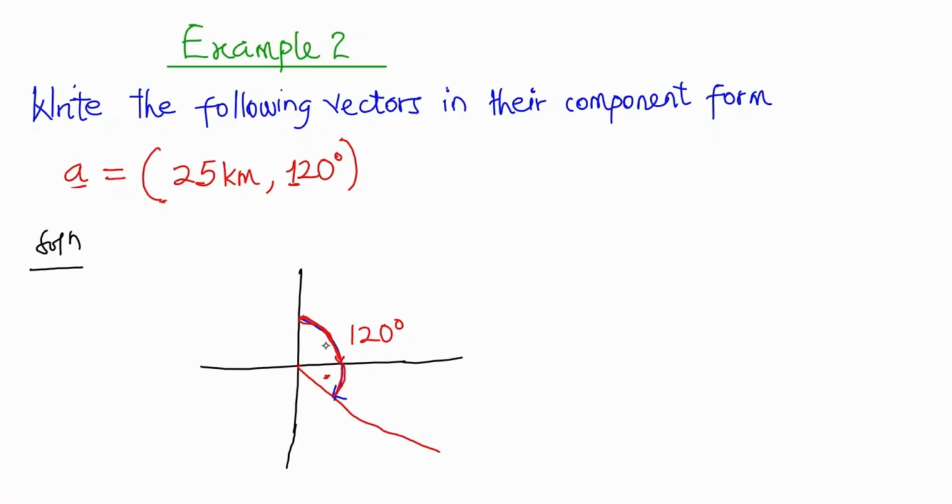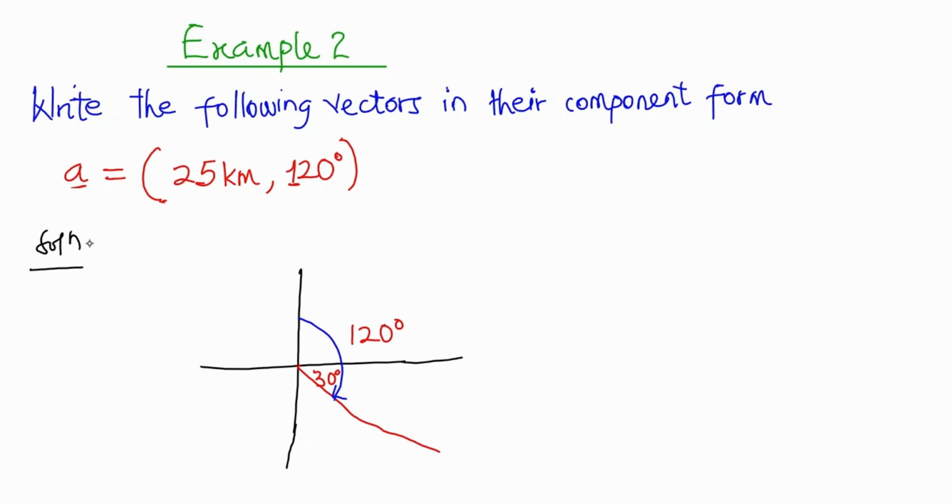So 30 plus 90 gives us the whole of 120, that's from the positive y-axis to where the vector is. So if that idea is clear, then the angle the vector makes with the x-axis here is going to be 30. So we write 30 degrees here, which means when we add the 90 to 30, we are going to get 120. So this is the representation of the vector in bearing magnitude form.